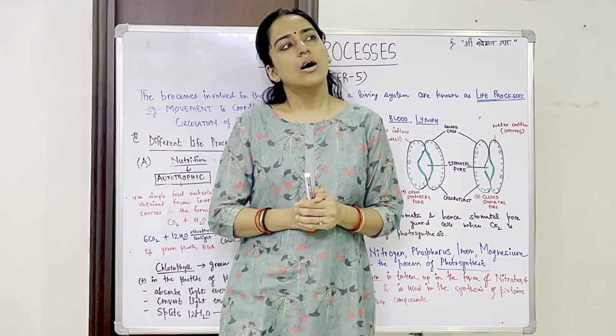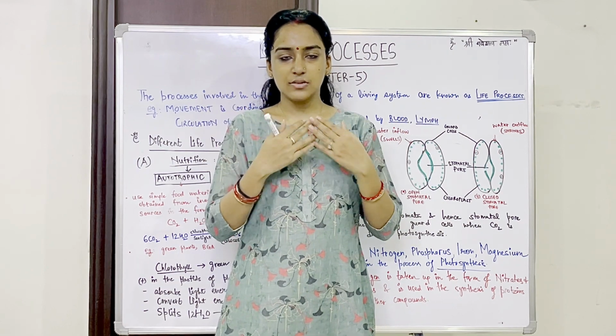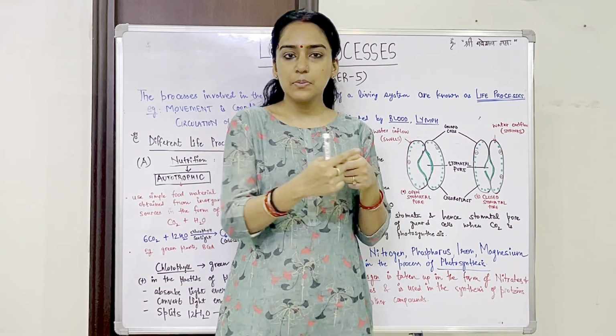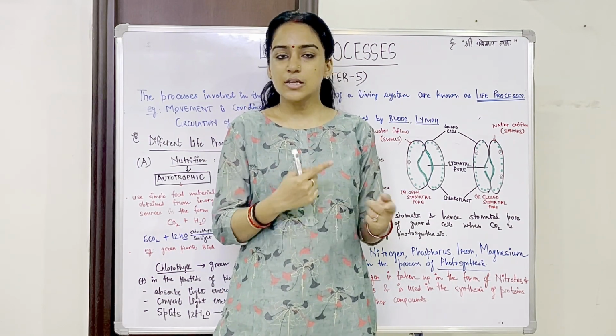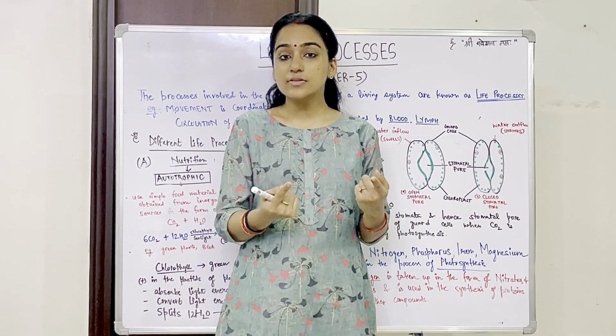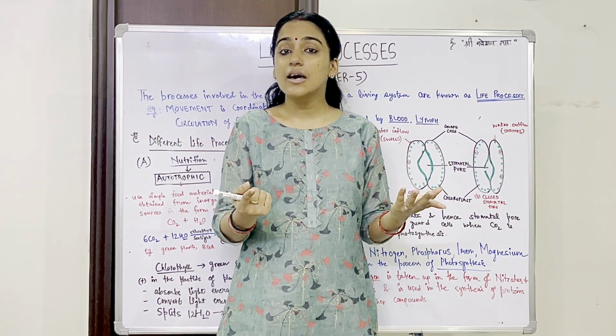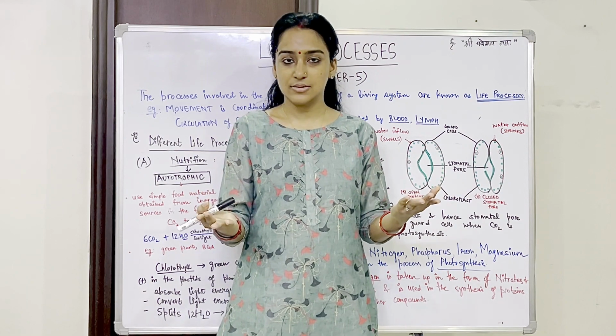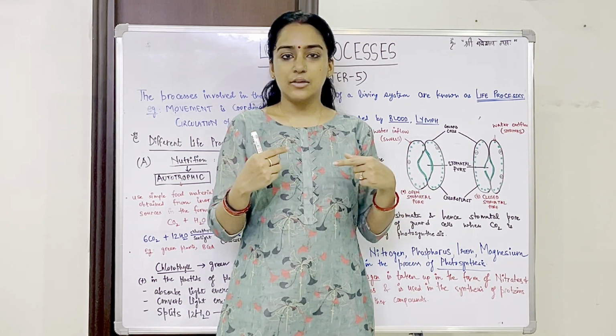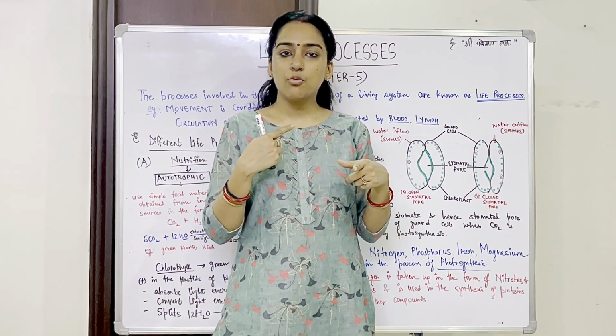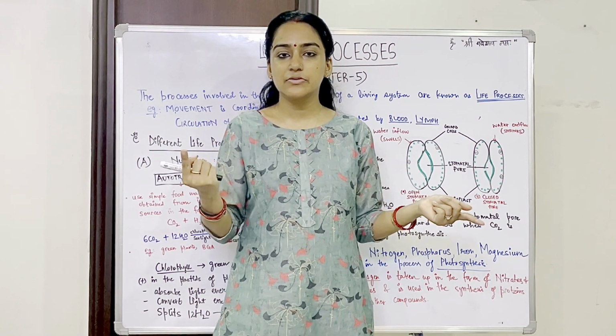Alright, so now if I talk about us, the humans, we can travel from one place to another using our legs. That involves movement, and movement is carried out by our muscle cells, right? The blood is transported from the heart to the different organs.